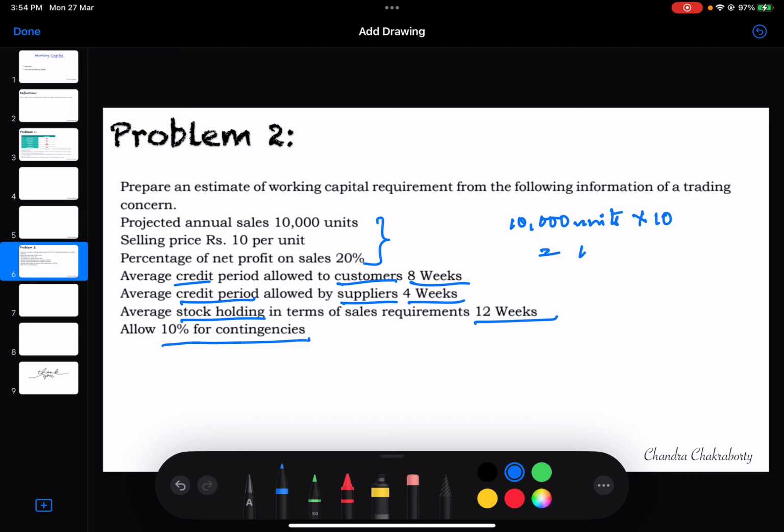This will give you 1 lakh, right? Now here, in the third line, we have percentage of net profit on sales is 20%, right? So we have to calculate 20% of 1 lakh, which is 80,000, right?